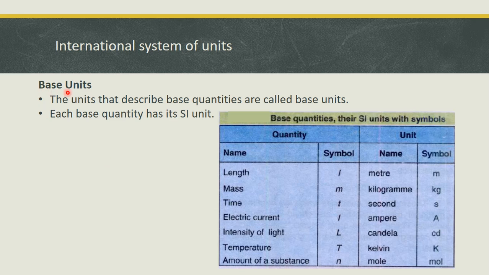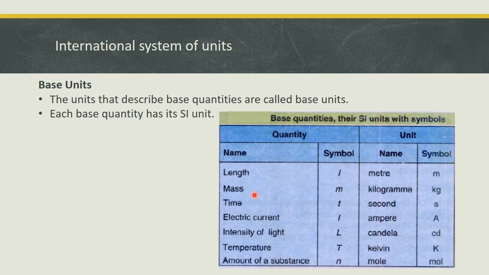The base units, of course, those units which describe base quantities, are called base units. So each base quantity has its SI unit. For example, you see in this table, length. The symbol of length is small l, and the unit of length is meter, and its symbol is m. So remember, this m represents the meter, while this m represents the mass.